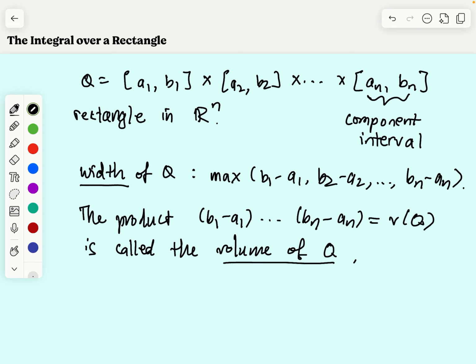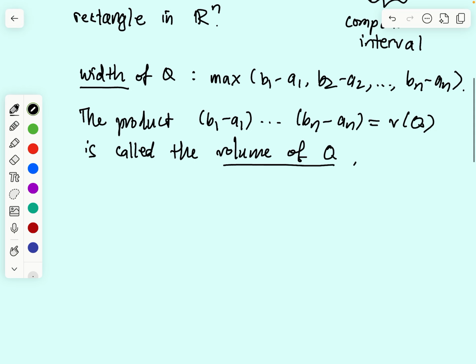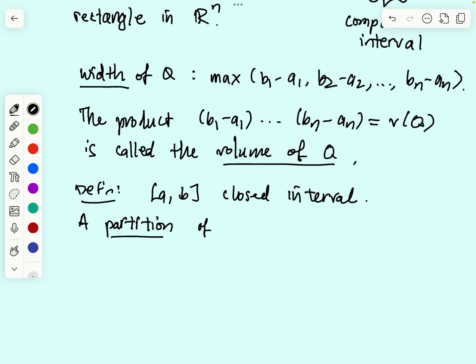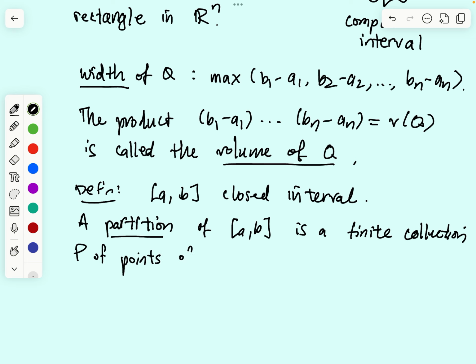Okay. Now we define a partition. So suppose that we have a closed interval [a, b] in R, then a partition of this closed interval is a finite collection P of points of this interval that includes the points a and b.